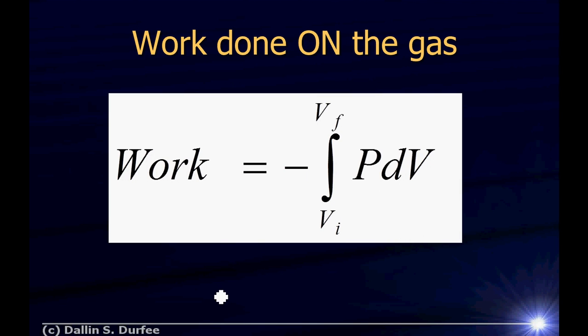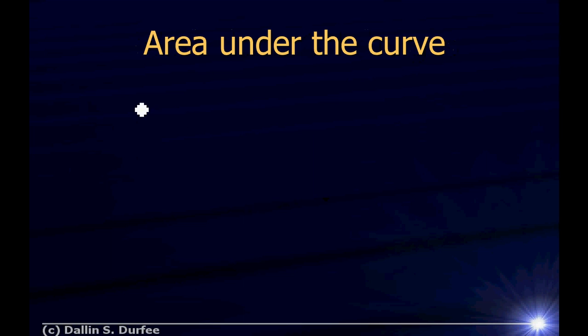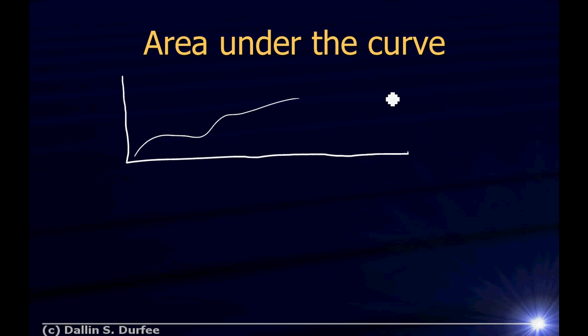Now, as you recall from calculus, when I took calculus, I was always like, okay, we do an integral, and the integral of f of x dx is just the area under the curve, from x equals this to x equals that. And I wondered over and over again, why did we want to know the area under a curve so badly that we had to take 2 semesters of calculus to learn how to do it?